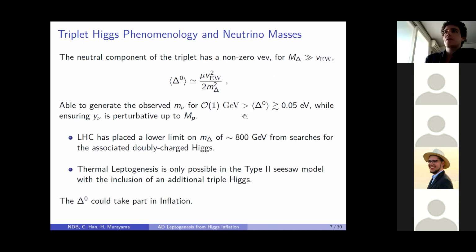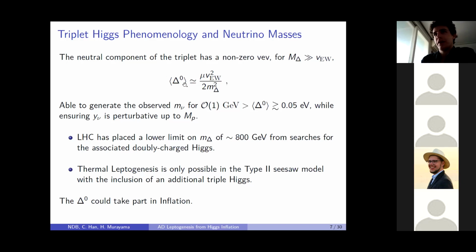As I was saying, the triplet has a non-zero VEV, which is what generates the neutrino mass. It is associated with the neutral component of the triplet, and it has this form, and so it's dependent upon that lepton violating coupling term and the delta mass.